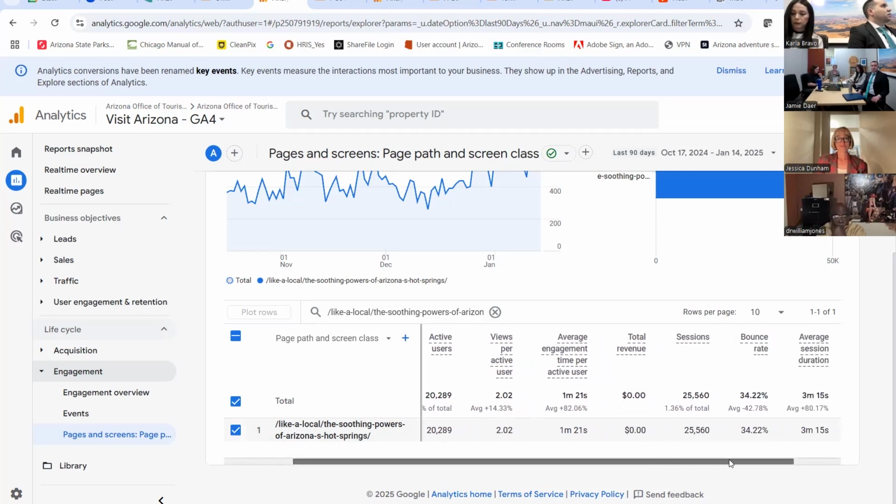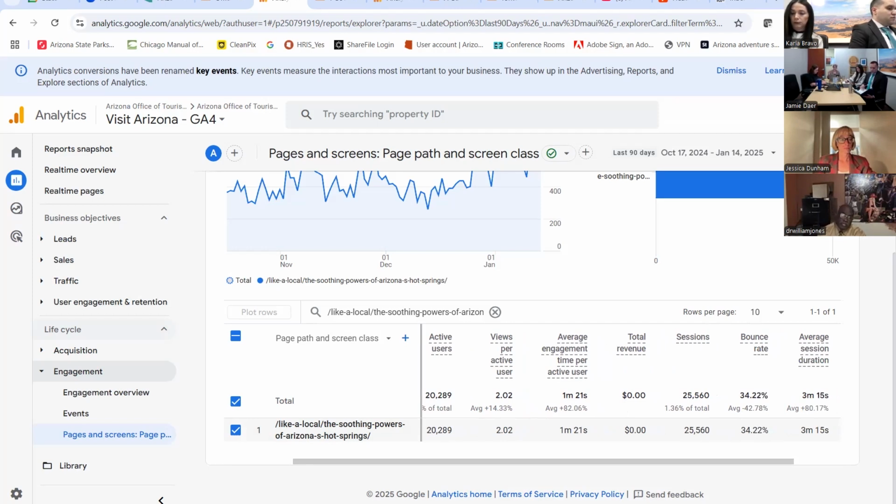So the other thing we want to take a look at is the average engagement time per site. So what that means is how much time are people spending on your site? In this particular case, this story. So to give you an idea, our stories are between 400 and 600 words long. So it takes about 2 to 3 minutes, on average, depending on the length of the story and how fast you read.